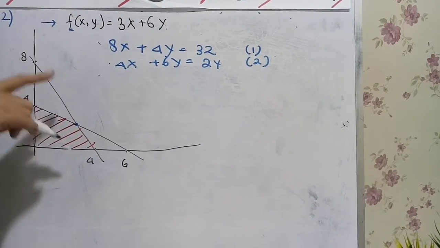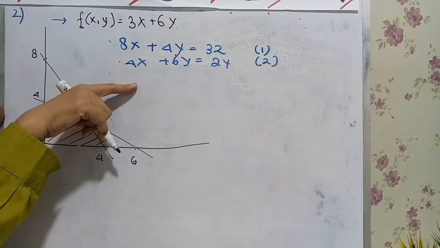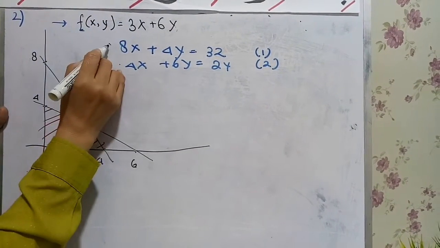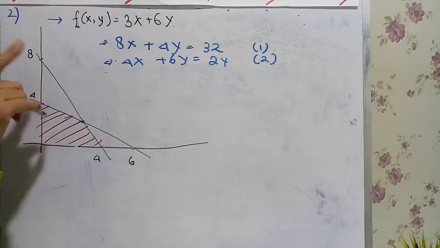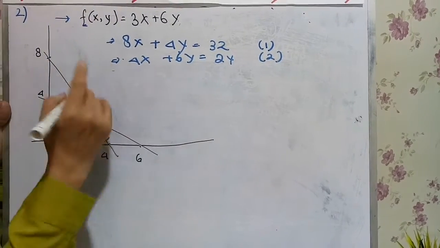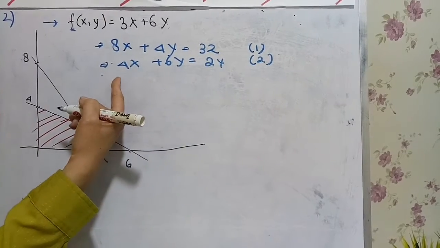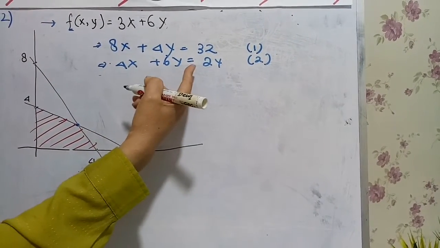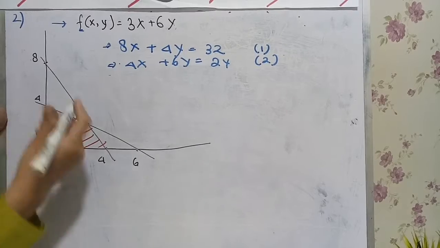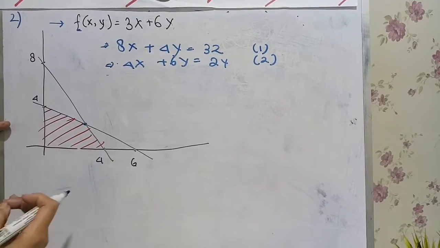We have to find it with mathematical calculation. Now pay attention to these two equations: 8x plus 4y equal to 32, and 4x plus 6y equal to 24. We use the elimination method.